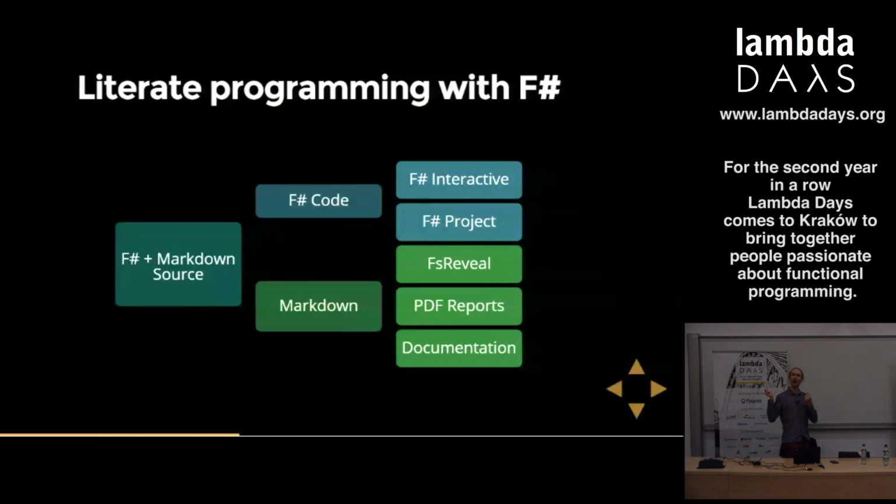There's a tool that Evelina was showing earlier when she talked about science, which is this FSLab Journal, and that lets you take your literate programs and it produces a scientific report in a way. And the last box talks about documentation, so you can also use these tools to generate some sort of documentation. This is actually doing something different than just XML comments, so I'll say a few more things about that later on.